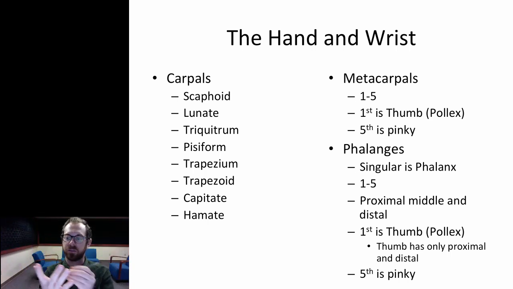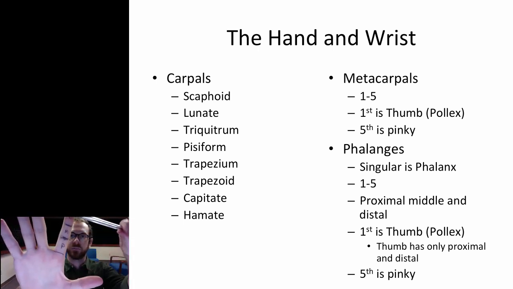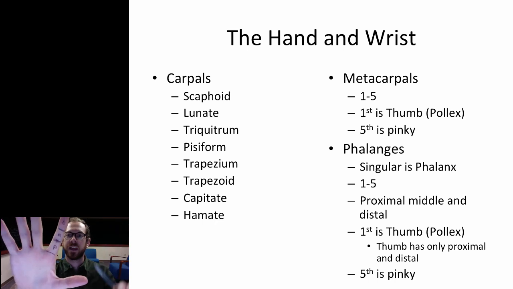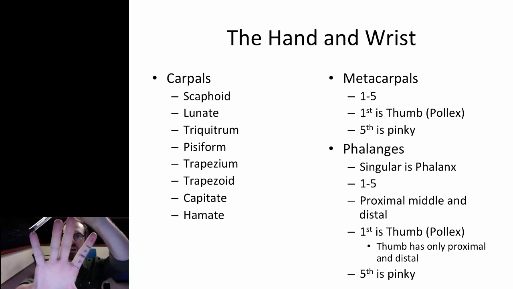So we have, I'm going to write this out, proximal, middle, distal. We have proximal, middle, distal. And that is the case for all of our phalanges 2 through 5.